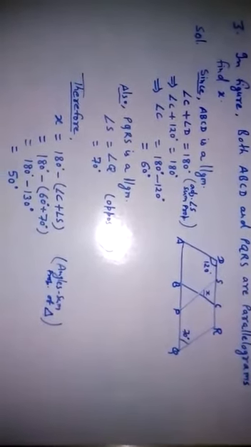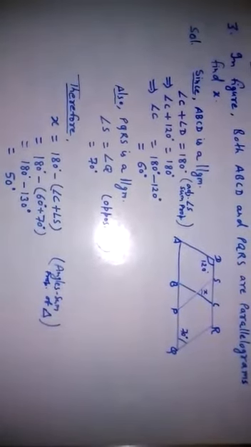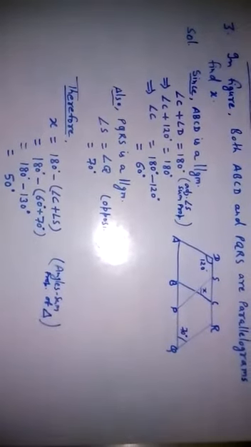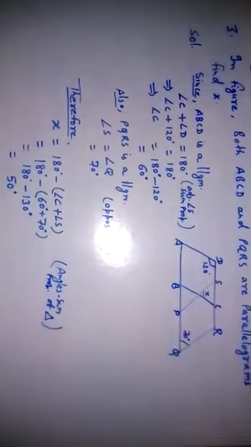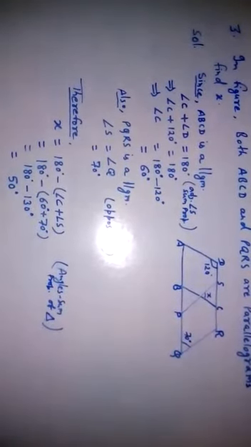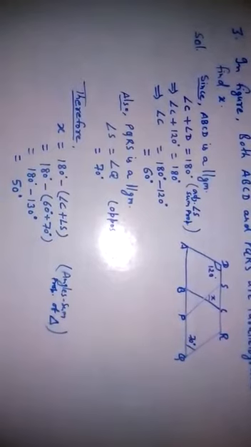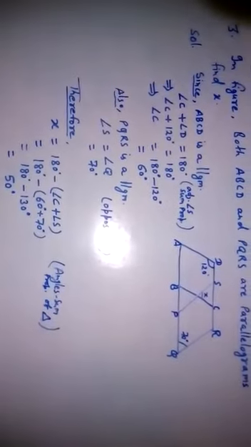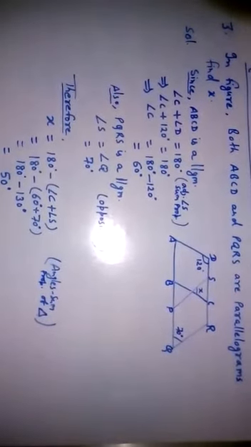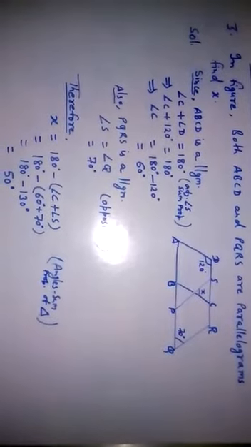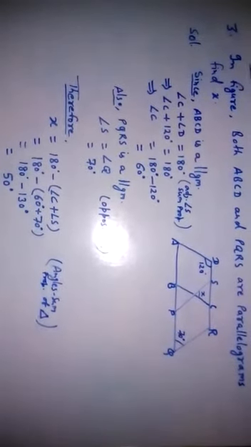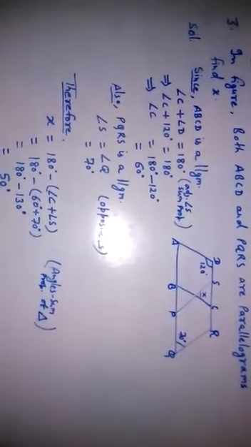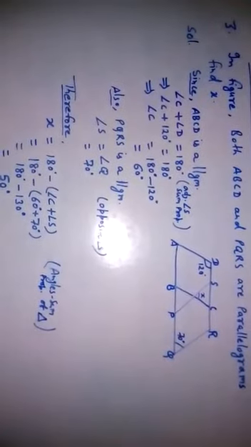Now x equal to 180 minus angle C plus angle S. Angle sum property of triangles. This is the closed figure and it is formed by 3 line segments. So it is triangle. So here we find the value of x by angle sum property of triangle.